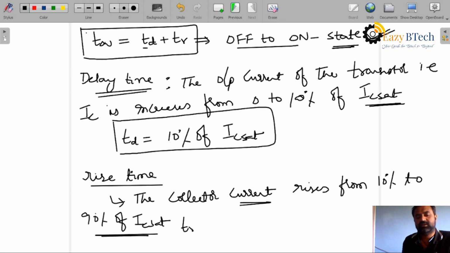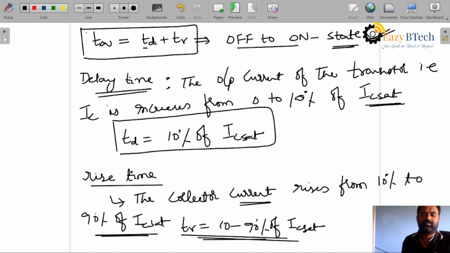That is TR is equal to 10 to 90% of IC sat. This is known as a rise time. Total on time of the transistor depends upon this delay time and the rise time, when a transistor moves from off to on state.